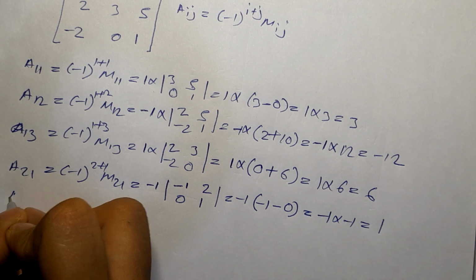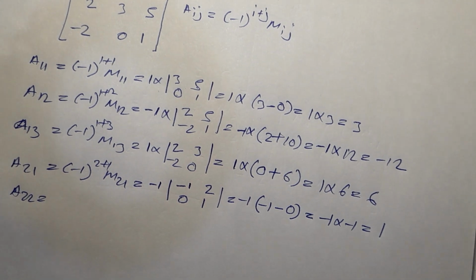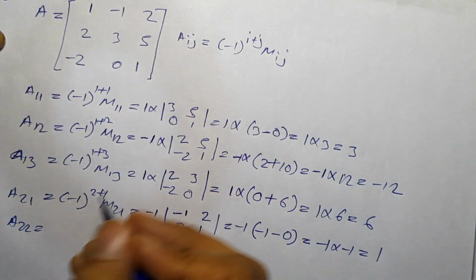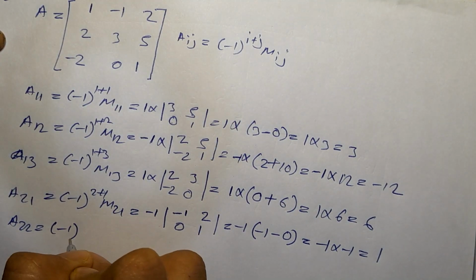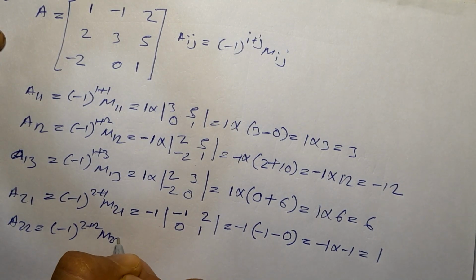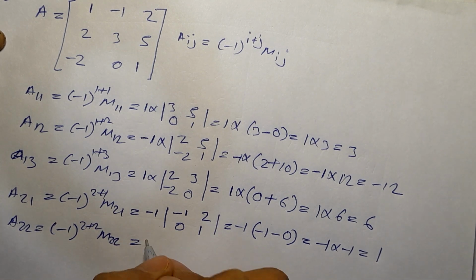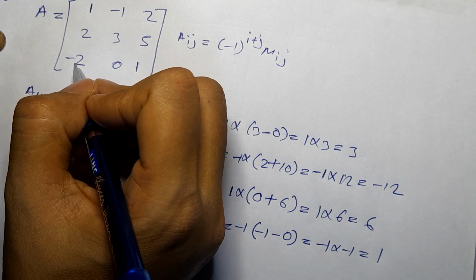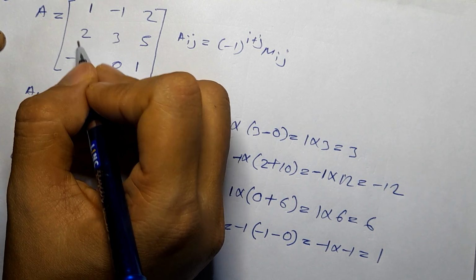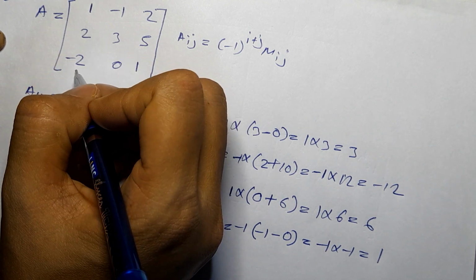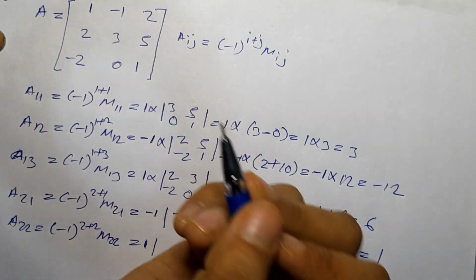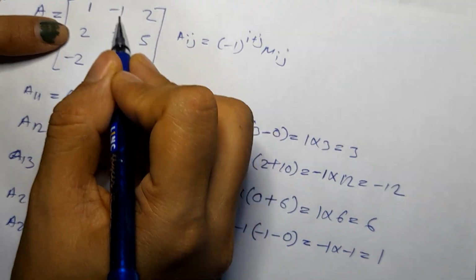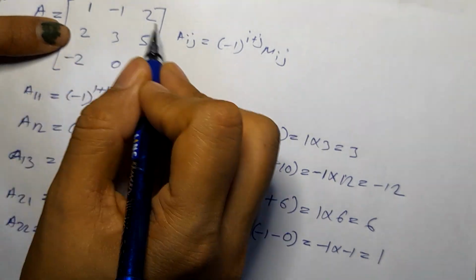Next A22, eliminate the second row and second column. (-1) power 2 plus 2 M22. This will be plus. So 1, minus 2, minus 1, 0, 2, eliminate this row and this column, second row and second column.